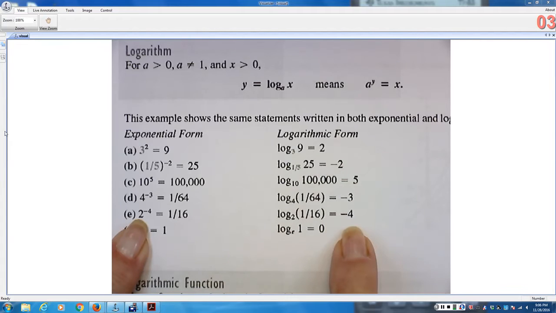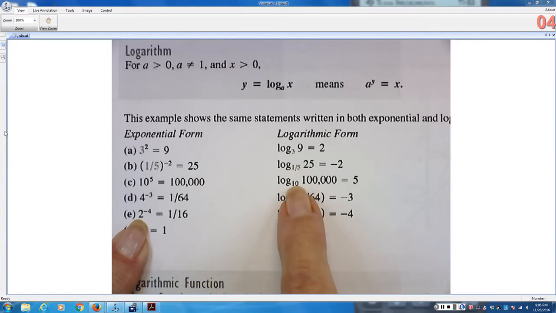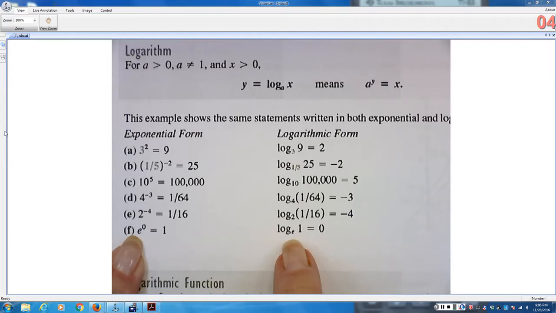The power is on the other side of the equal sign in logarithmic expressions. So this is base, power, result.